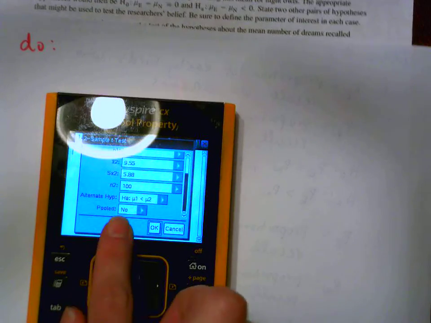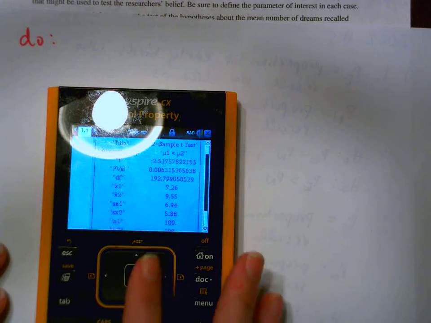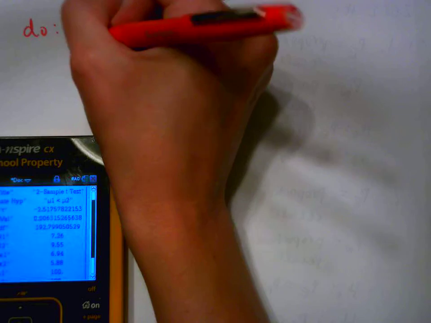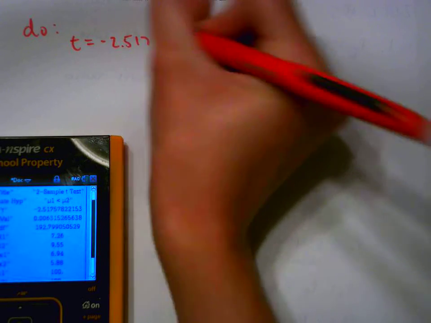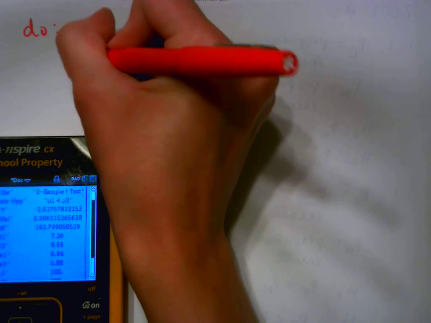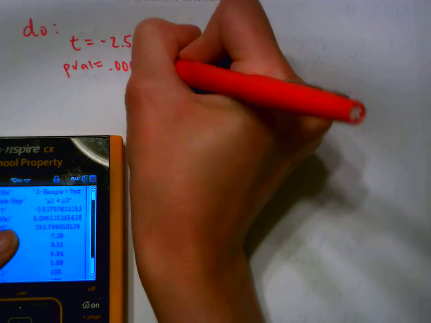Always keep that no. And we're going to write down all this and draw our distribution. So our test statistic is t equals negative 2.517. Our p-value equals 0.0063.